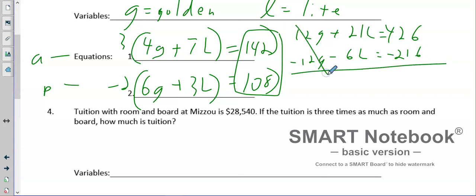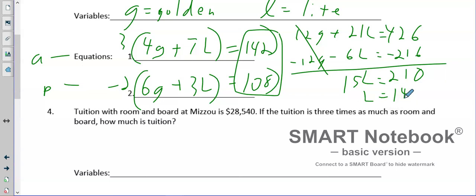Now when I add straight down, okay, I need to do 21 minus 6. Okay, so that'd be 15. And then 426 minus 216 is 210. Okay, and then all I do is do 210 divided by 15. And I get L equals 14.